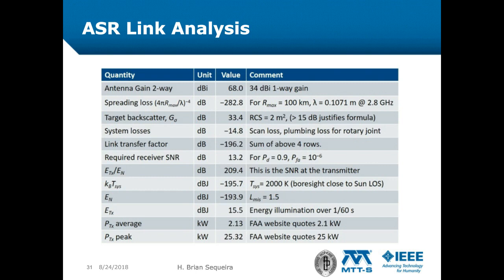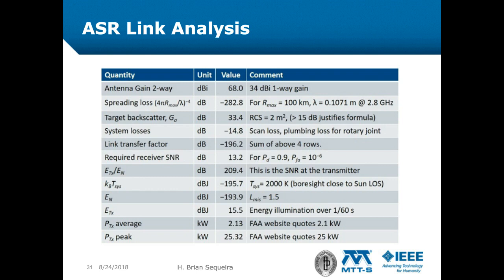The system noise temperature is dominated by the seeing condition where the line of sight to the target is very close to the line of sight to the sun. So T sub s is 2000 Kelvin. We include a temporal and spectral mismatch factor of 1.5 to estimate the receiver's noise energy at minus 194 dB joules.